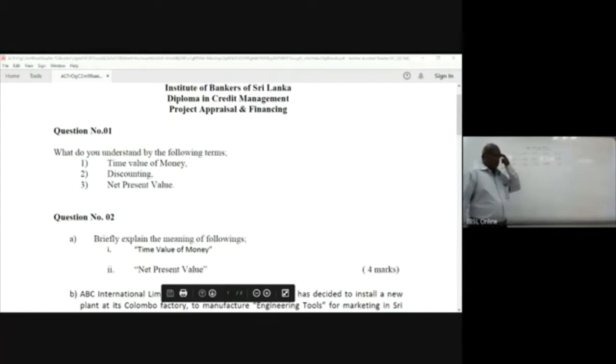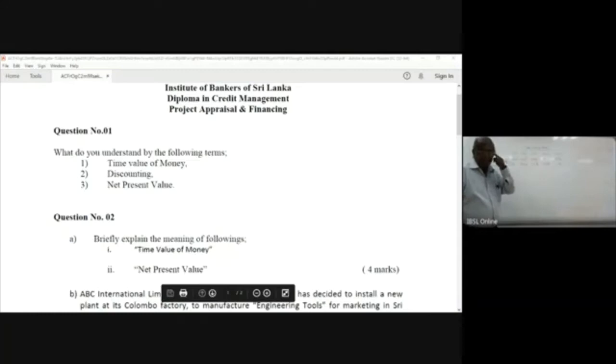So now we can say, while the face value of the money remains unchanged, I repeat it, while the face value of money remains unchanged, the purchasing value or the real value of the money is getting diminished over a period of time.